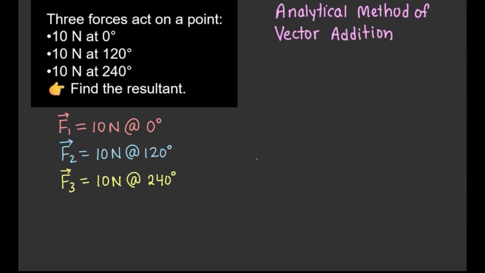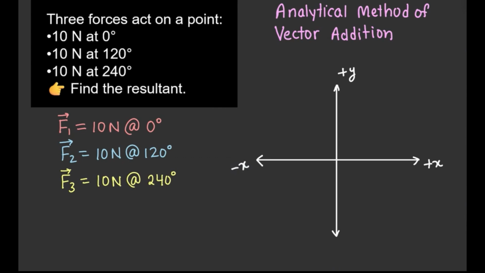So first thing we're going to do is draw an XY plane. Why? Because the three vectors given here, they are coplanar. So here we go, plus x, plus y, minus x, and minus y.